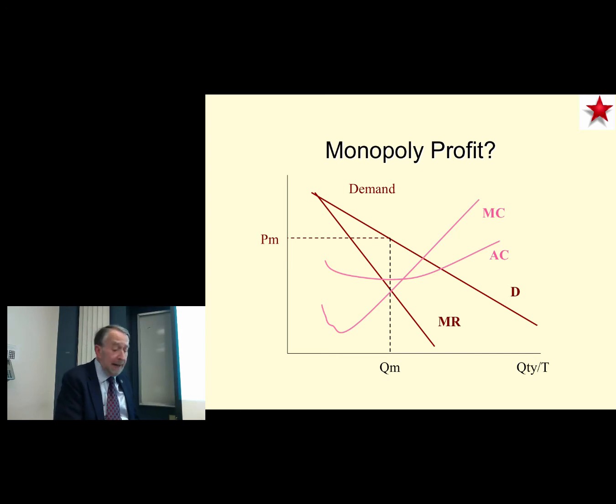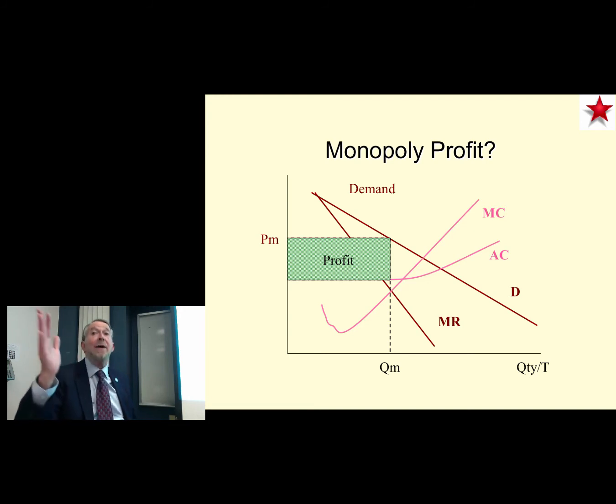So there's no guarantee of making positive profits. If the firm is making positive economic profits, it means you're making a rate of return above and beyond what other firms are making. Y'all with me? It means other firms are earning 10%, you're earning 15%, right? And that's the incentive for firms to try and copy what you're doing.